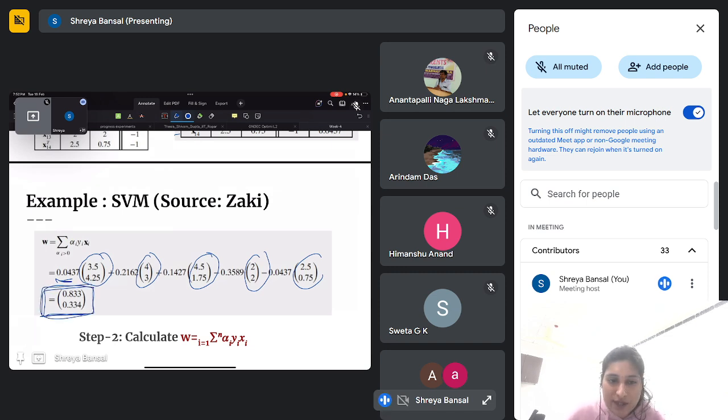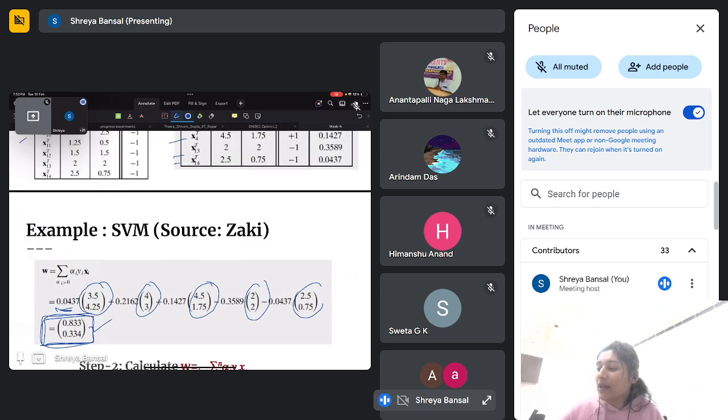So for SVM, the whole process is reduced to a single step: if you have the value of alpha and you know the values of y and x, you can calculate W or the betas easily. So the major problem of SVM is to calculate alpha.